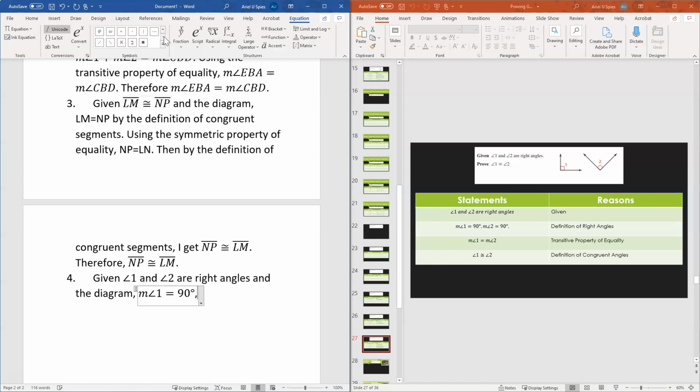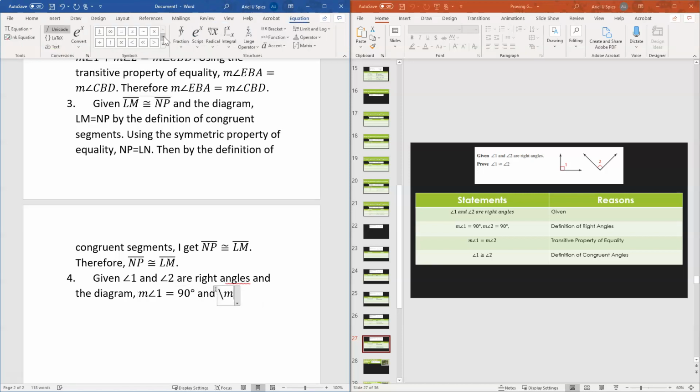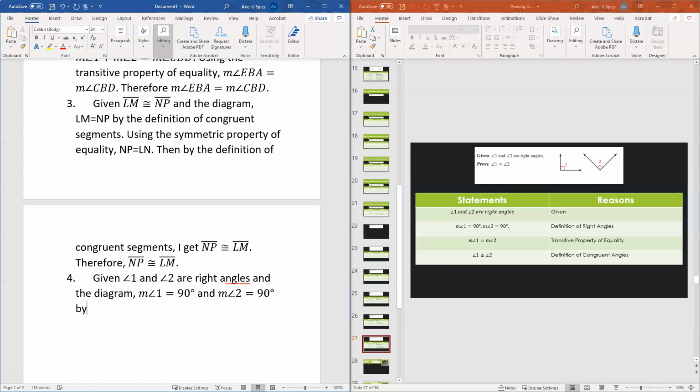And then I also have, I'm going to say and here because it's not a 2-column, measure of angle 2 equals 90 backslash, type the word degree to get the degree symbol. By the definition of right angles.